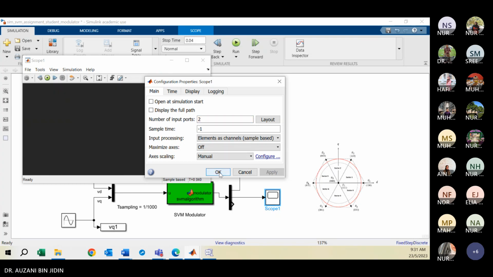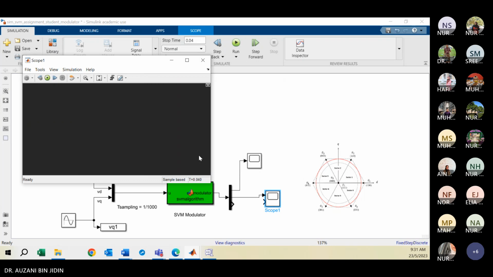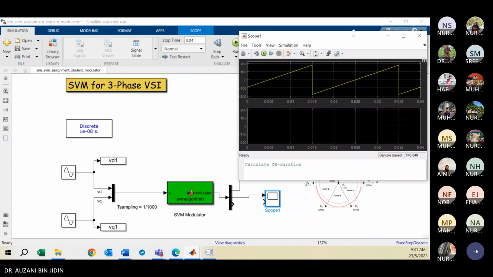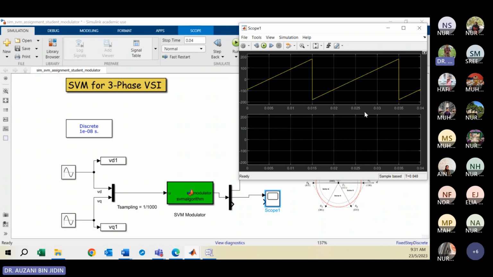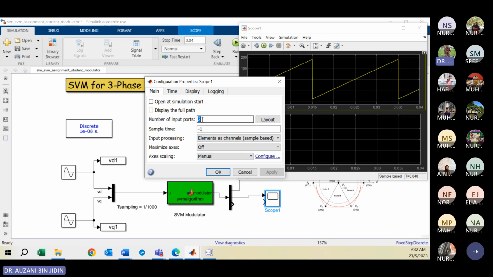Okay. Nampak dia jadi begini. So the top graph to plot the theta in degrees. The second graph, the bottom graph to plot the sector. Boleh eh? Ni cara setting ni, you double click the setting button here. Then change from 1 to 2.